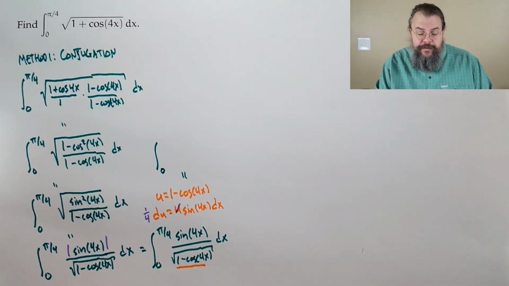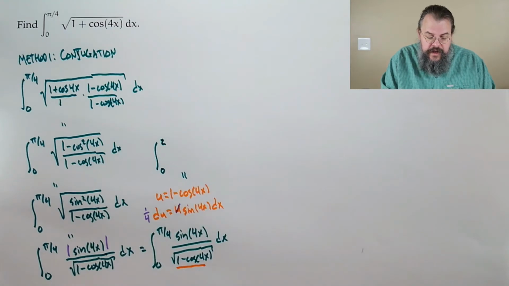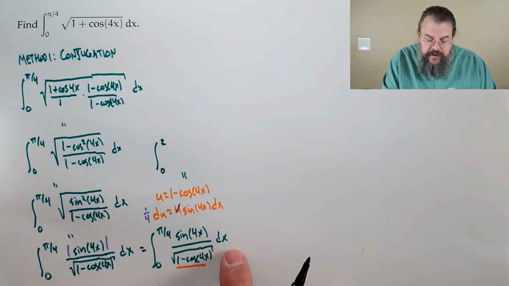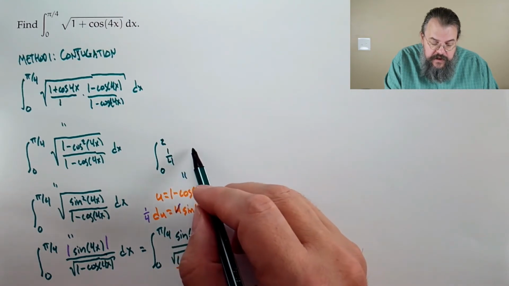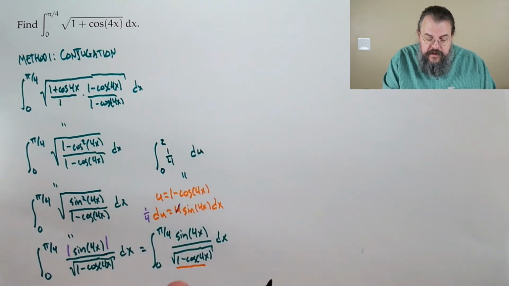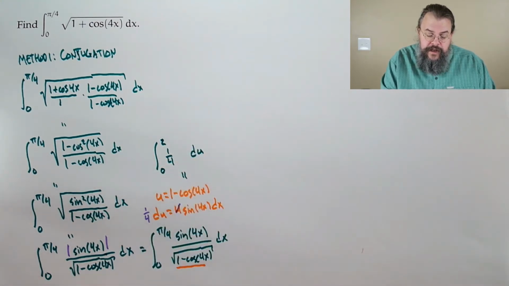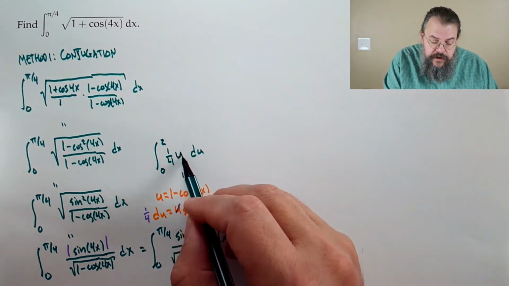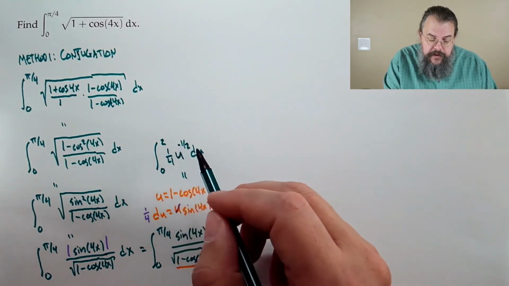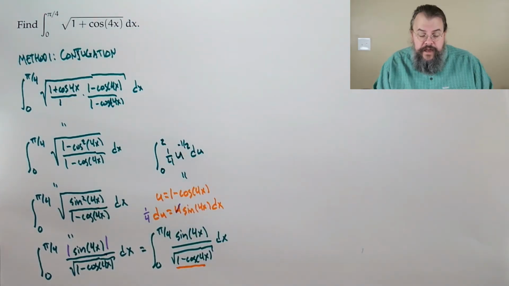So 1 minus minus 1 makes 2. And then the sine of 4x dx becomes a 1/4 du. And this square root of 1 minus cosine 4x in the denominator becomes a u to the minus 1/2. The 1/2 is the square root, the negative because it's in the denominator.